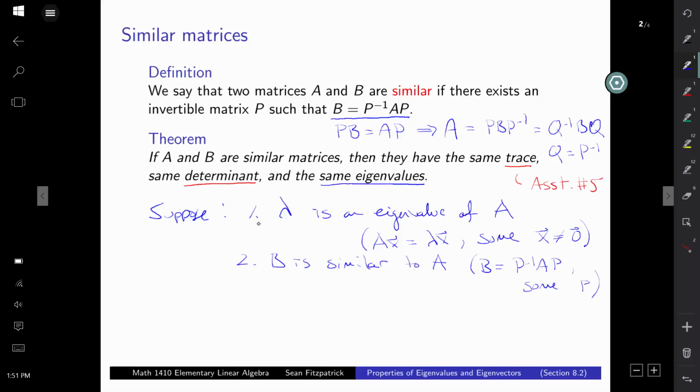Okay, and what do we want to conclude? We want to conclude that this same number lambda is also an eigenvalue of B. Okay, so how do we do this?